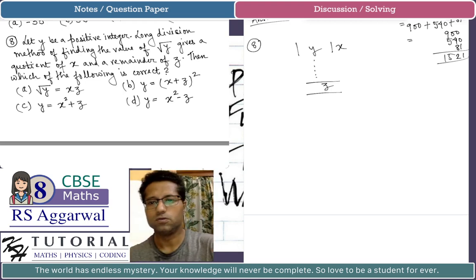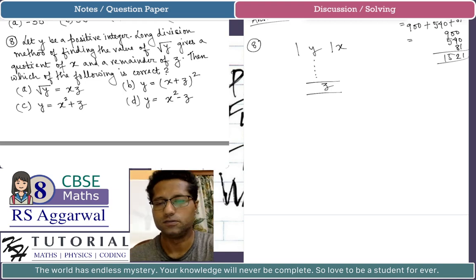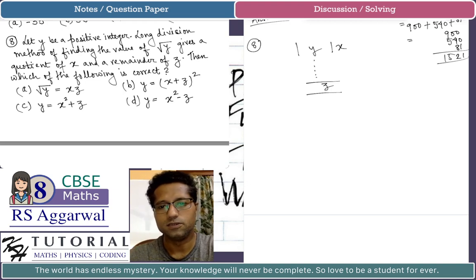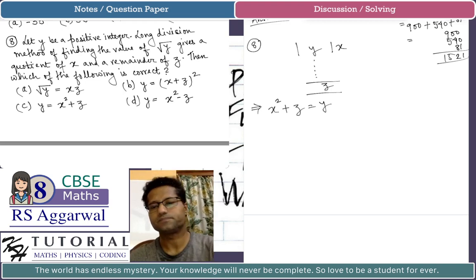Now you must know very clearly the concept that when you are doing a long division method to find the square root of a number y, and the final quotient is x and the final remainder is z, this implies that x square plus z is equal to y.